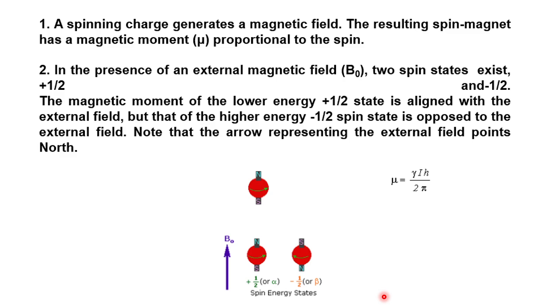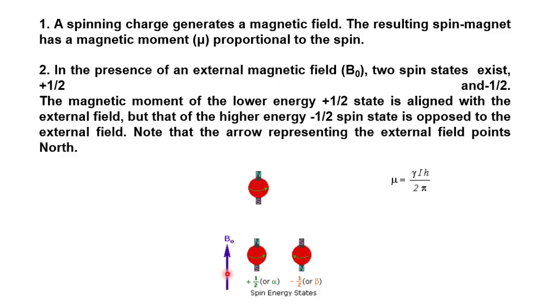Now, if an external magnetic field is present, for example B0, that charged species will have two spin states: one is plus half, another is minus half.